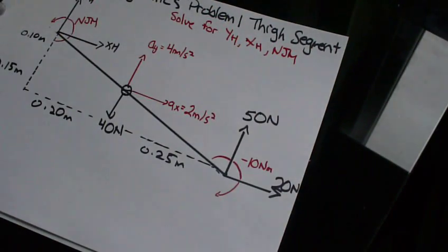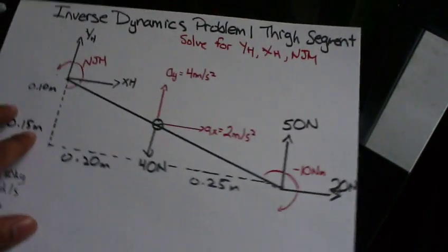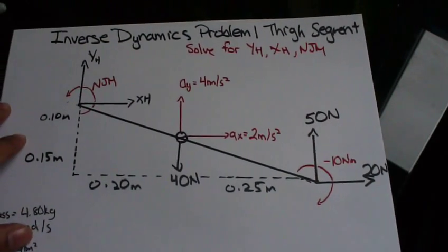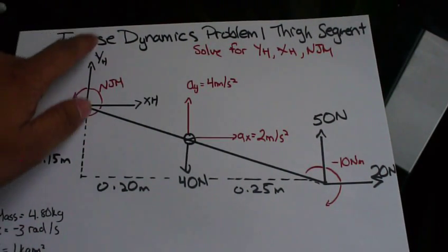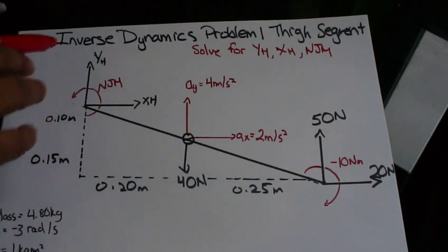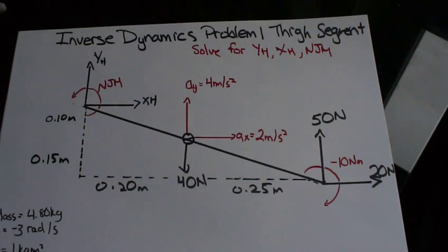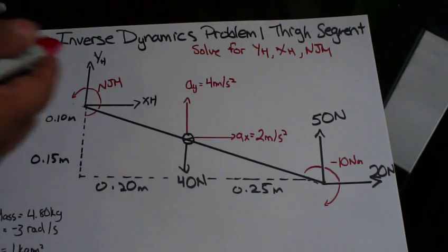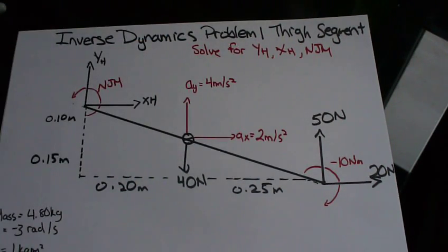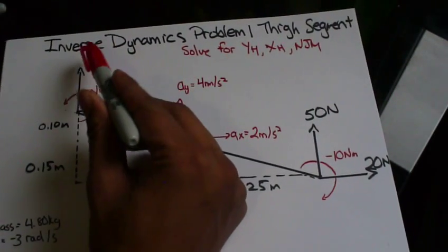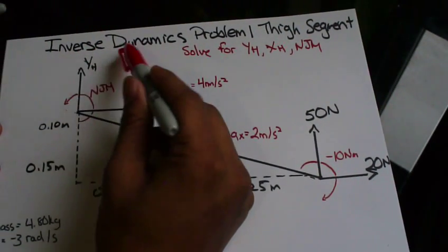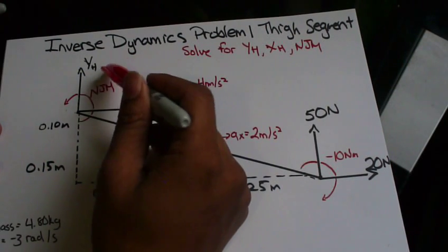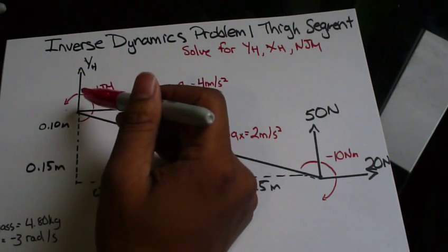Okay, before that, inverse dynamics. Before actually solving the problem, we have to understand what inverse dynamics is. This is an approach that is used when we have accelerations and other kinematic variables and values. What we do is incorporate those.